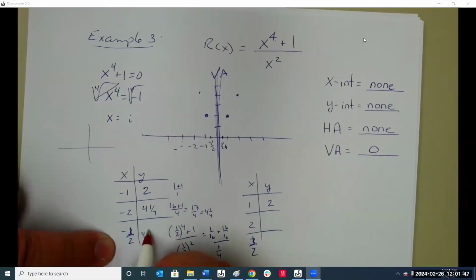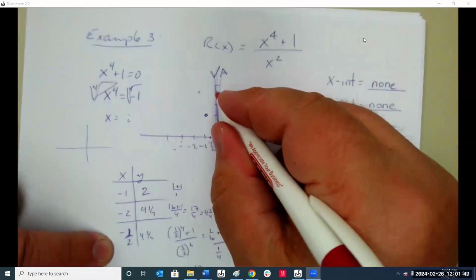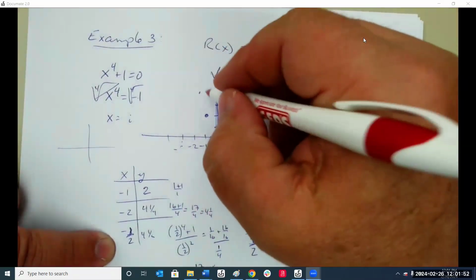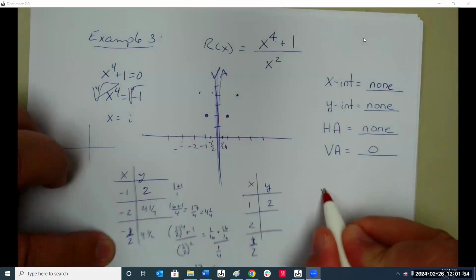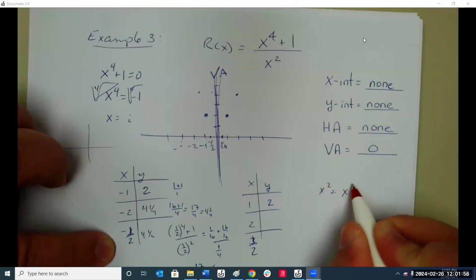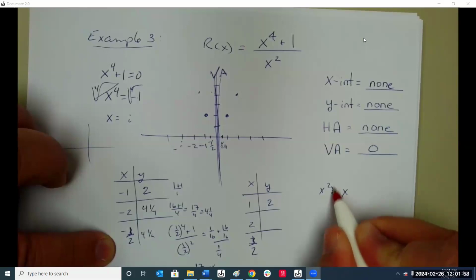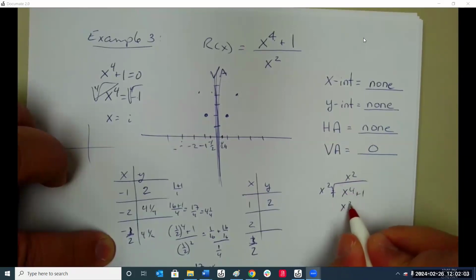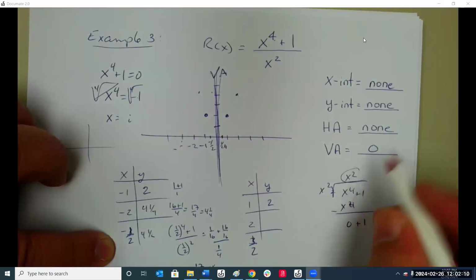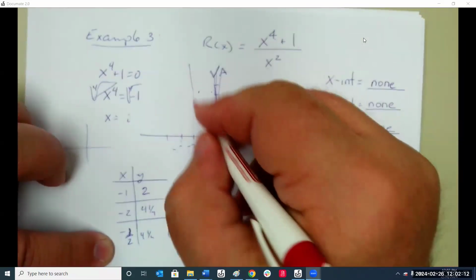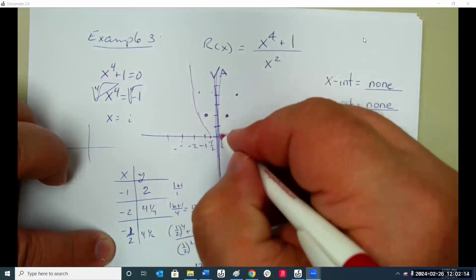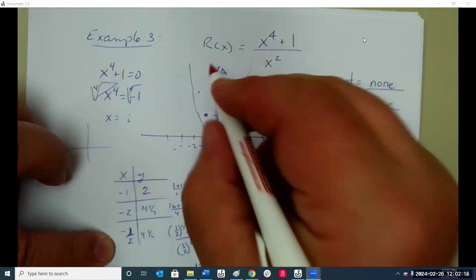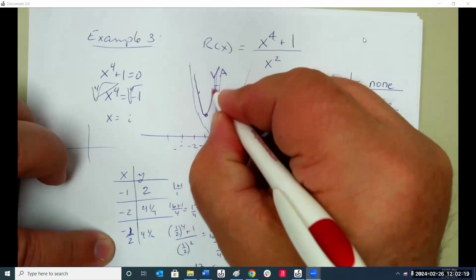Same thing, it's 4 1/4. So we know our graph has to be within this domain. So our graph will look like this.